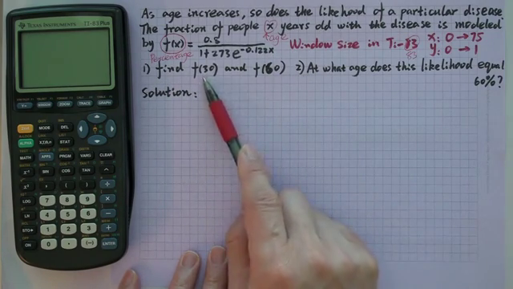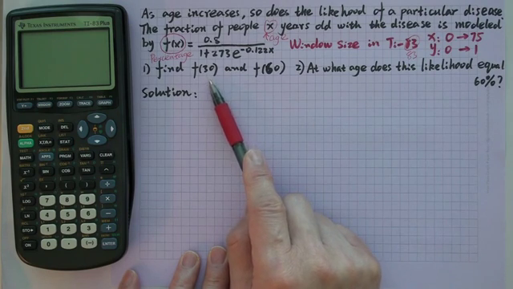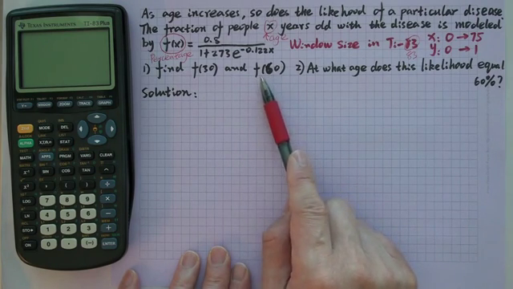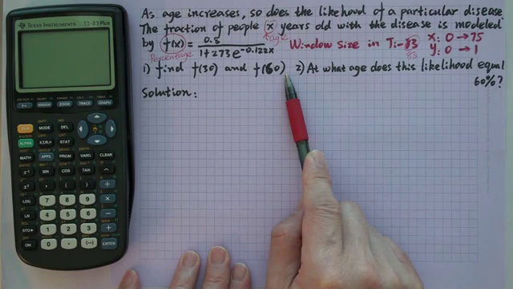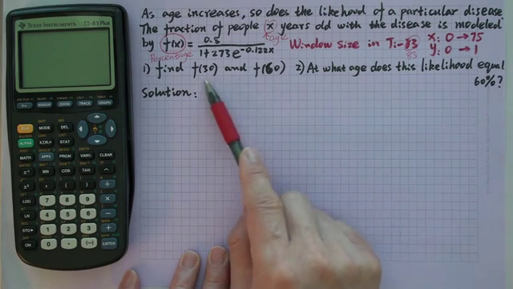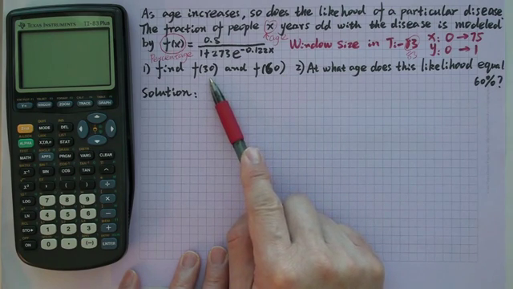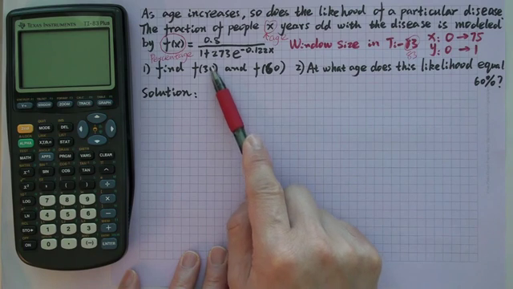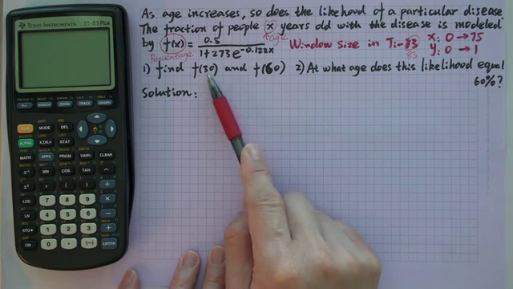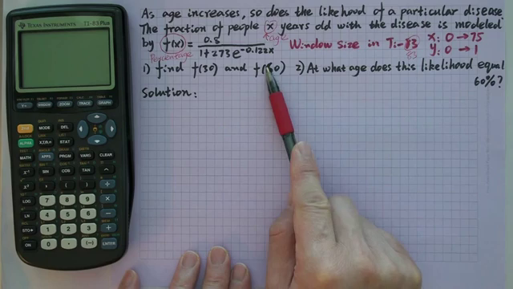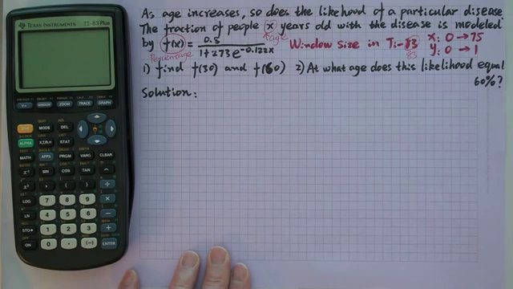One is to find f of 30, another is to find f of 60. Basically, we want to find out the probability of the people who will have the disease when they reach age 30 and when they reach age 60.